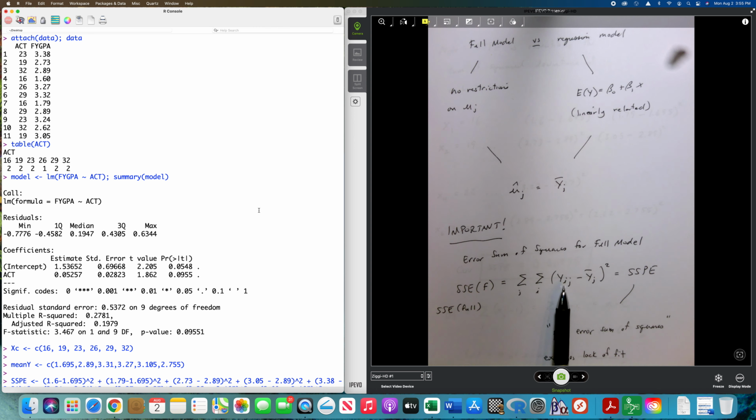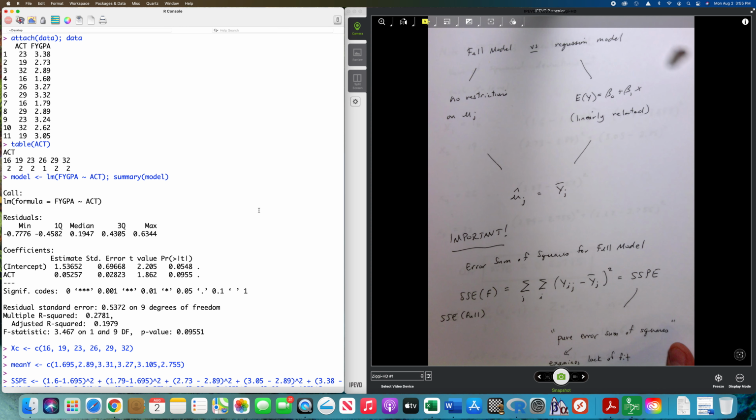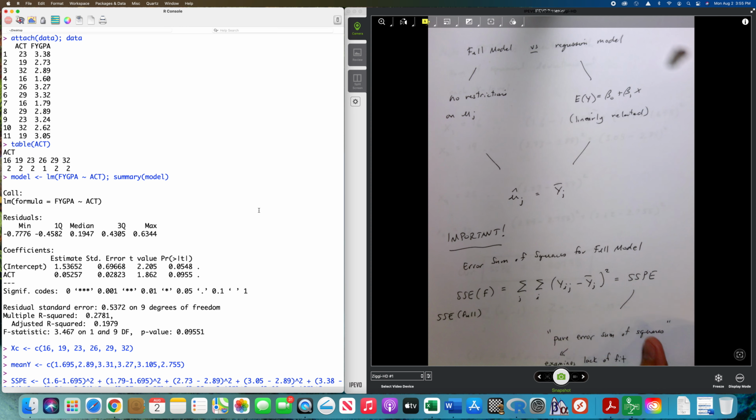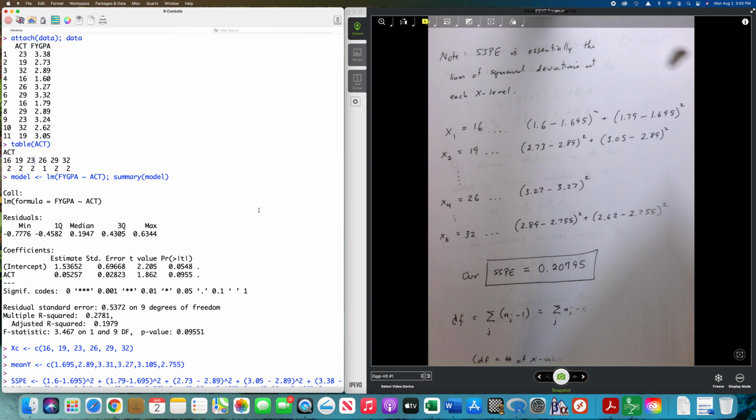We're going to take the first one, subtract the mean for the j's, and square it. Take the second one, subtract the mean for the j's, square it. I think it'll be much clearer when we start looking at the numbers.